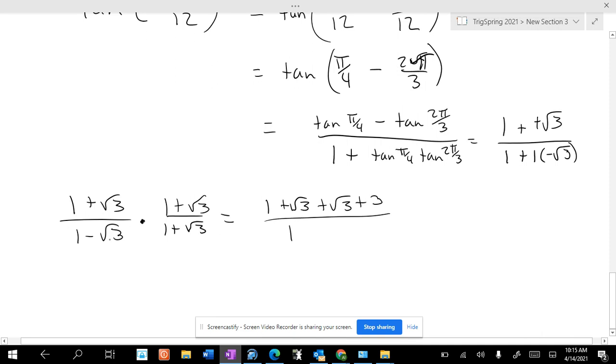Denominator 1. Outers and inners cancel. Minus 3. So we get 4 plus 2 square root of 3 over negative 2. If I factor out a negative 2 and cancel negative 2's, I have negative 2 minus square root of 3.